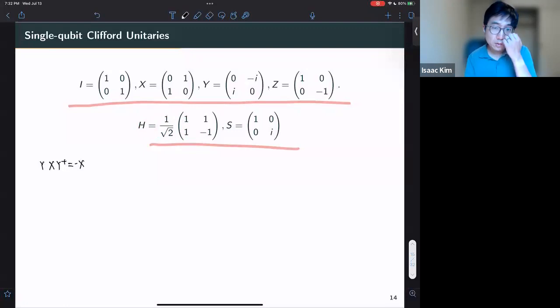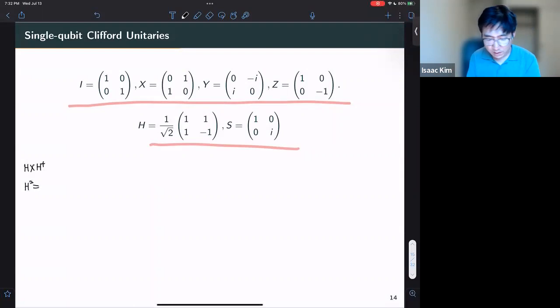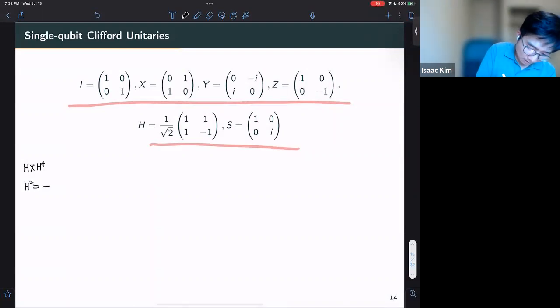Well, we can do a very explicit, very simple calculation from which this fact follows easily. So here's a few facts. Let's just do the calculation. I'm going to conjugate X by H. But before I do that, let me first note that if we square H, that's just the identity.